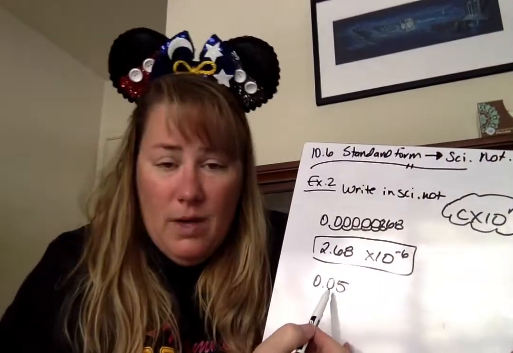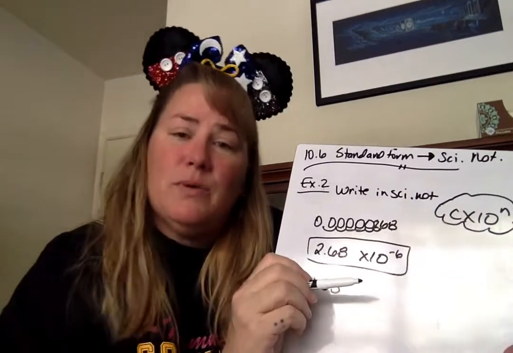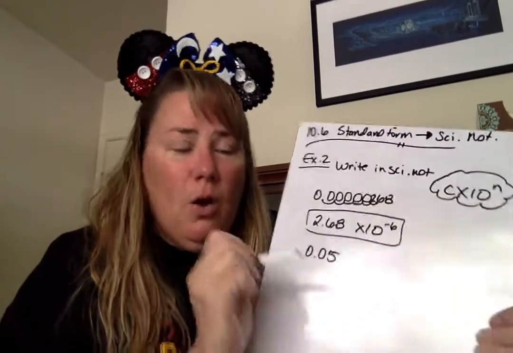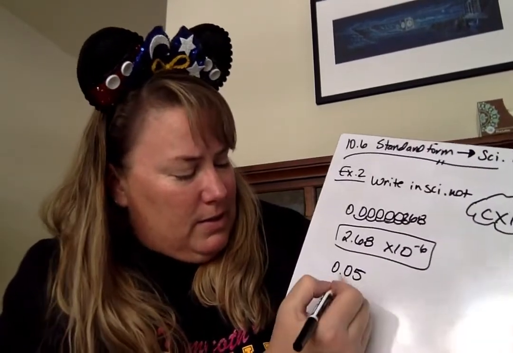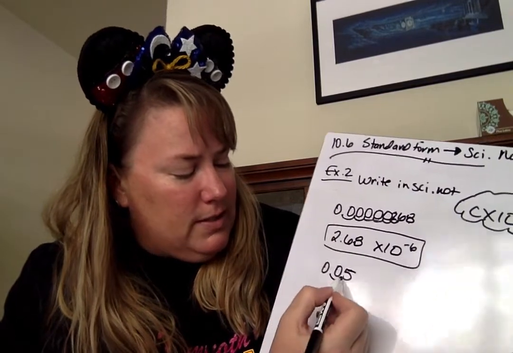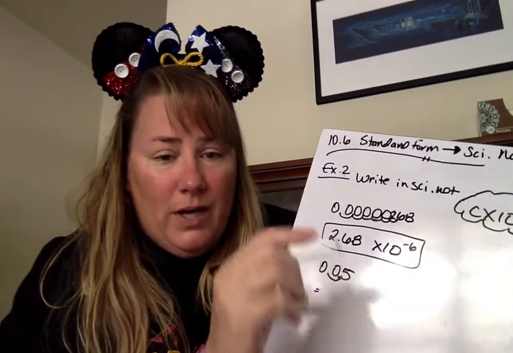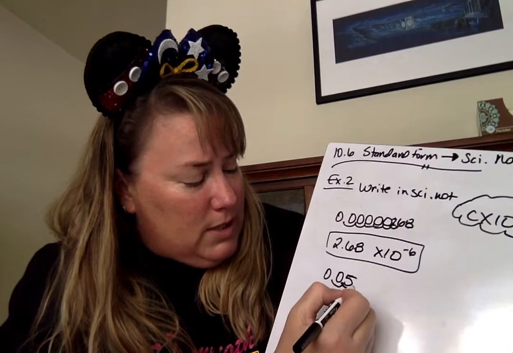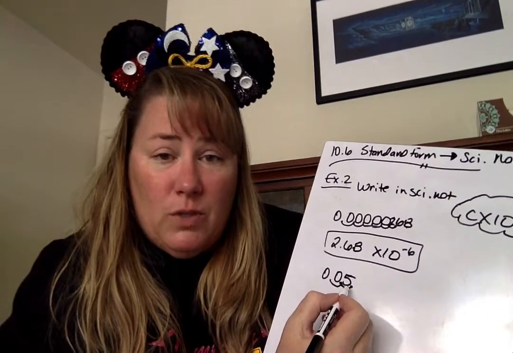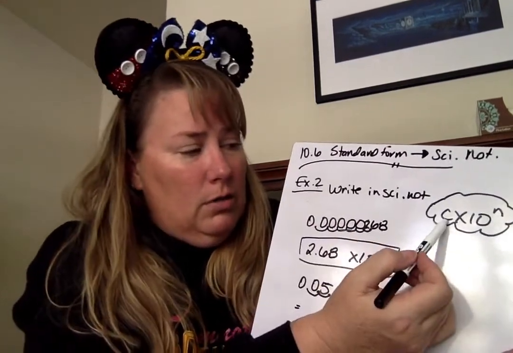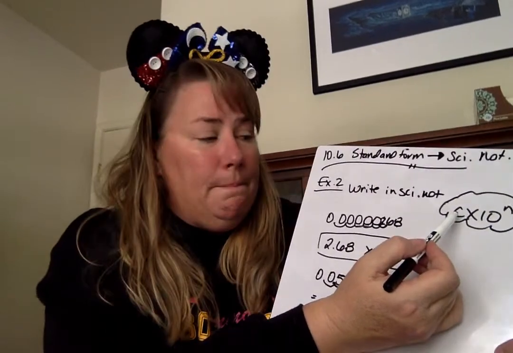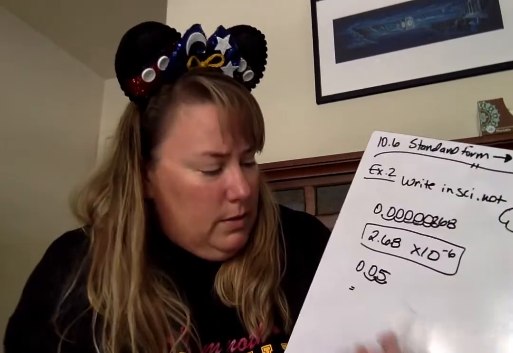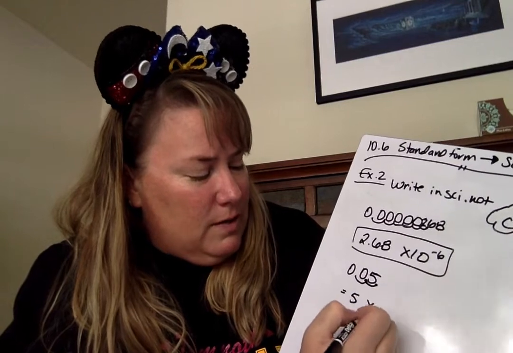Since it's less than 1, we're going to move our decimal to the right because we have to get that number greater than or equal to 1. So we move it just once. I'm now at 0.5, but we need that larger. So I'm going to move it one more time, and I'm now at 5, which fits in our range of less than 10 and greater than or equal to 1. So we now have 5 times 10.